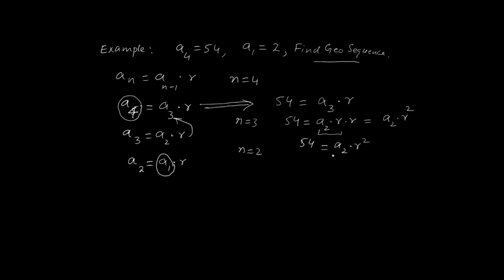Now what is the value of this a2? A2 is equal to a1 multiply r. This is the value of a2. So 54 is equal to a1 multiply r cube. And now what is the value of a1? A1 is 2. So 54 is equal to 2 multiply r cube.